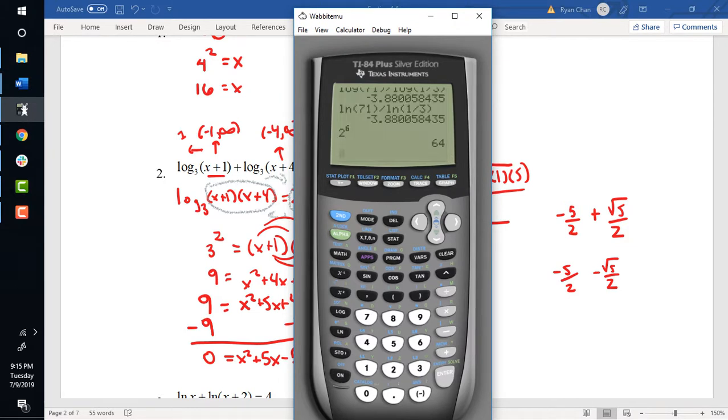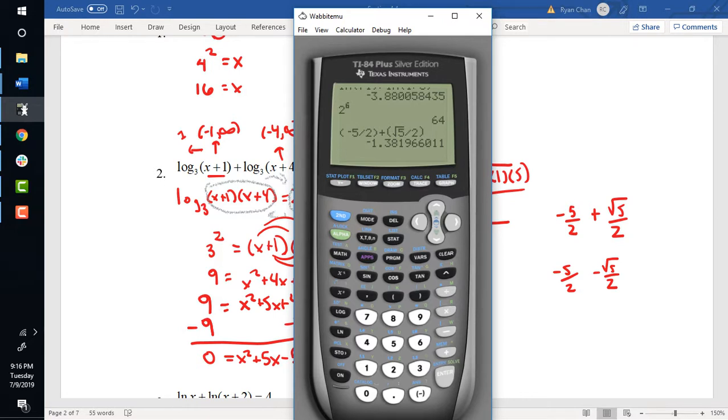I'm going to do -5/2. I'll put that in parentheses just to be careful. Plus square root of 5 divided by 2. Okay, so this is -1.38.